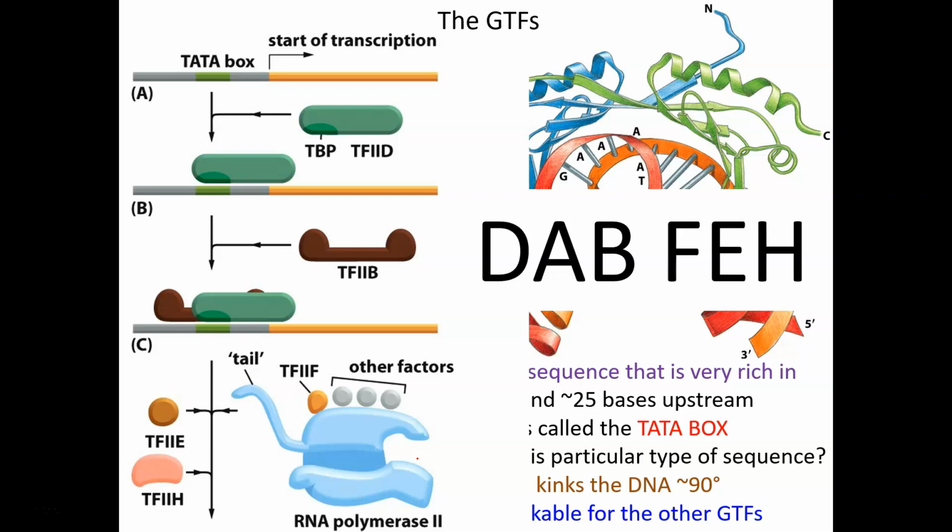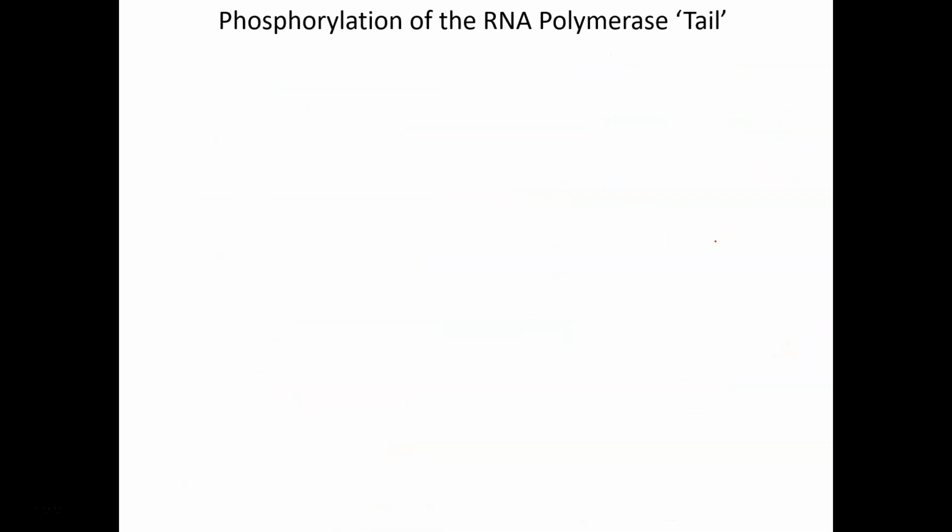What DABFEH tells us is that the very first GTF to bind to the promoter is TF2D, D for DAB. And after the D comes TF2A, and then TF2B. And then we've got that break, right? That syllable break, DAB-FEH. So that break means that TF2F is bringing in the RNA polymerase as well. And then TF2E and TF2H. So this is the order of recruitment of the GTFs.